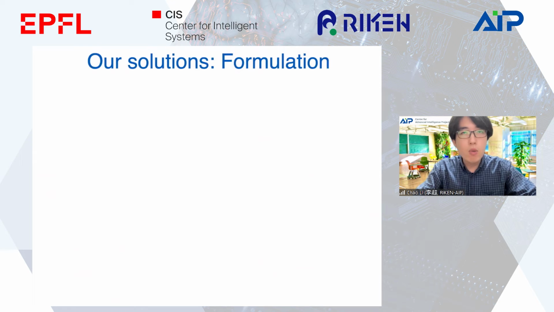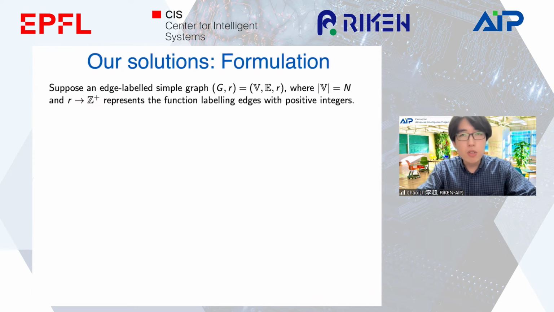Well, to introduce our solutions, let's begin with some mathematics. As the first step, we need to formalize the tensor network structures. Here in our methods, the tensor network structure is modeled as a simple graph G with its labeling function R, where the graph G contains the information about the topology and the permutation, and the function R corresponds to the tensor network ranks.